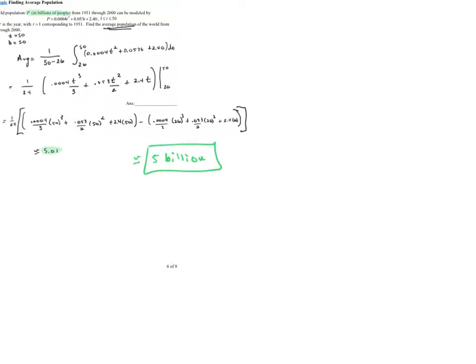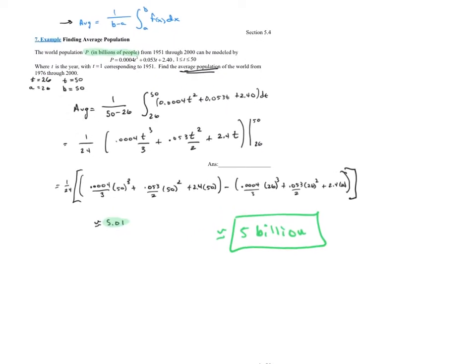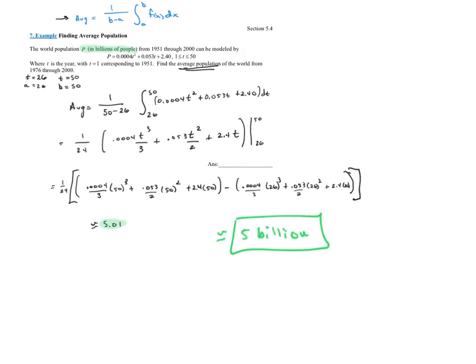To give you an idea, now estimates are over 7, almost 8 billion people in the world at this point in time. They are doing a census this year, though, so we'll see if that number even increases higher than that. Okay, I do want you to know that here it says find the average population. Average in this sense is not really a good problem to me. Because what was the average population over this 24-year span?